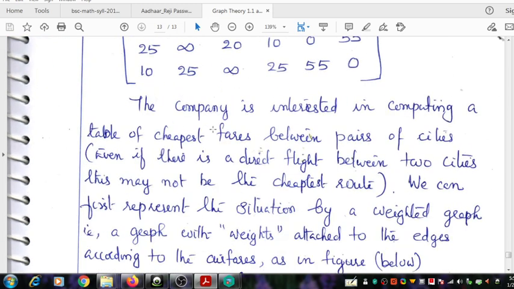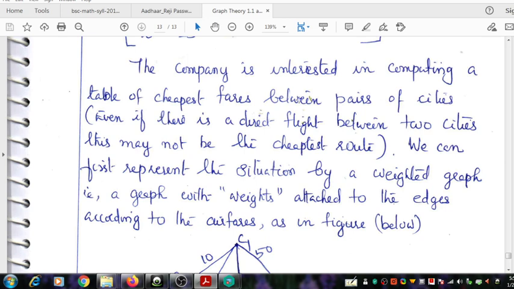After that, the company is interested in computing a table of cheapest fares between pairs of cities. Everybody, maybe a company or a person, is interested in a cheap rate, so they are trying to find a table of cheapest rates.